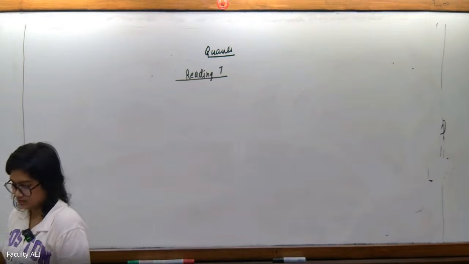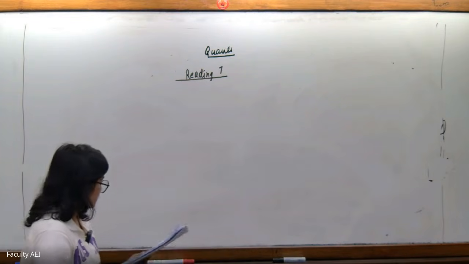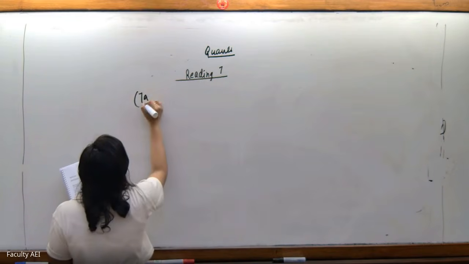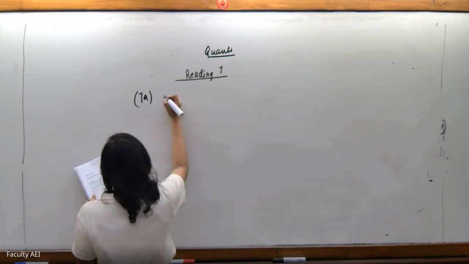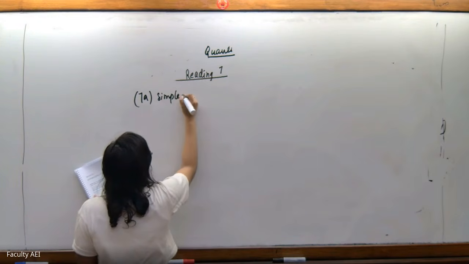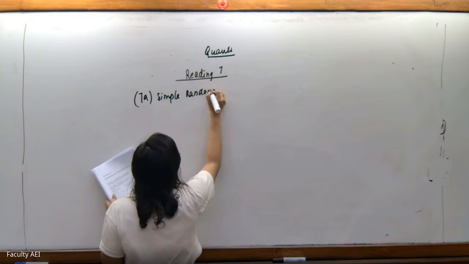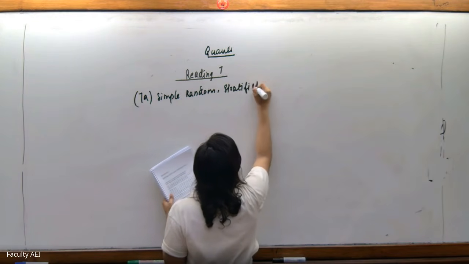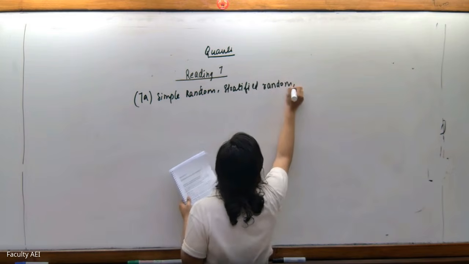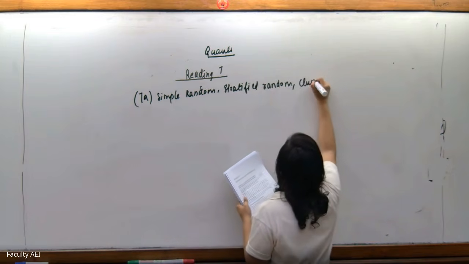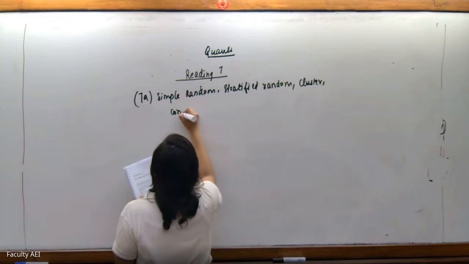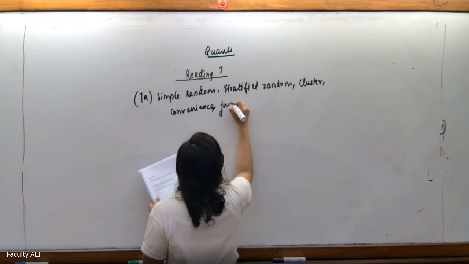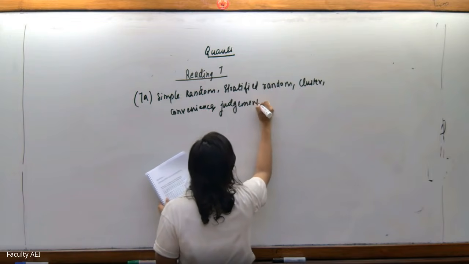So let's start with reading 7. You have LOS 7A. Compare and contrast simple random, stratified random, cluster, convenience, judgmental sampling.